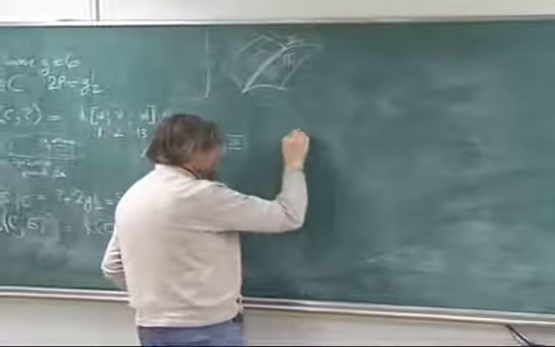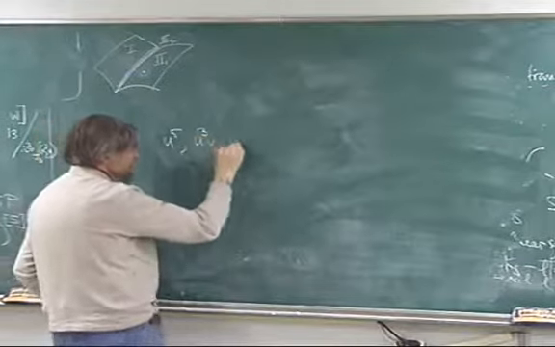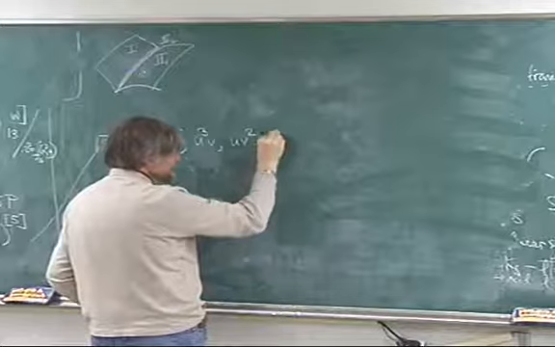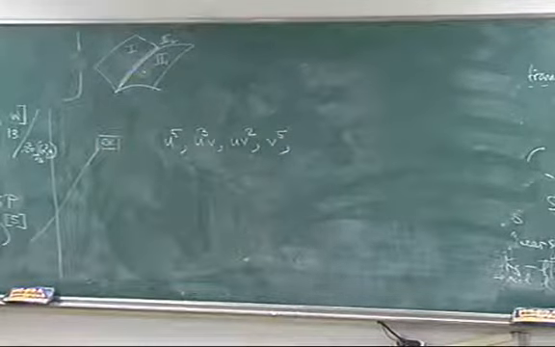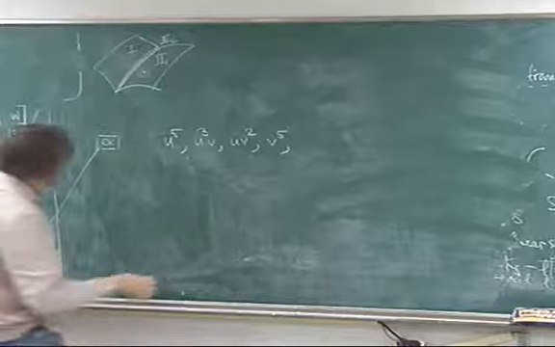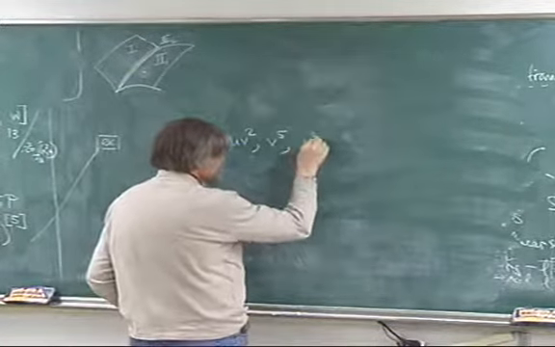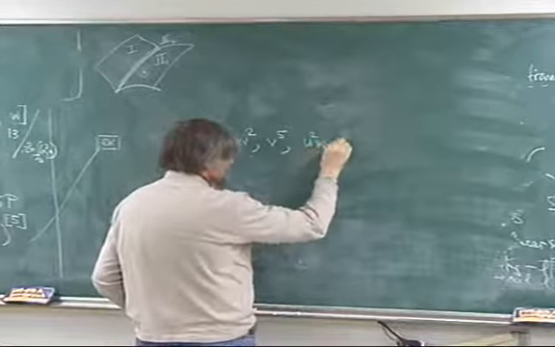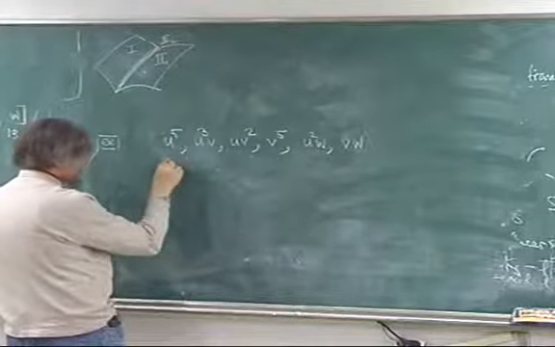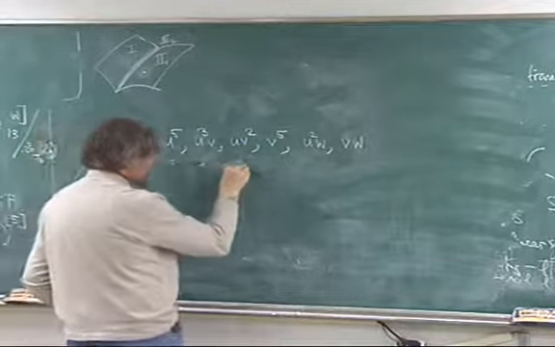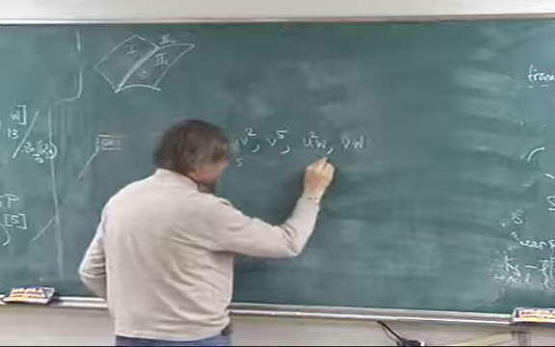I'm going to write down u to the 5th, u cubed v, u v squared, v to the 5th, and then u squared w and v w. These are of degree 5, then this one's of degree 10, and these two of degree 15.